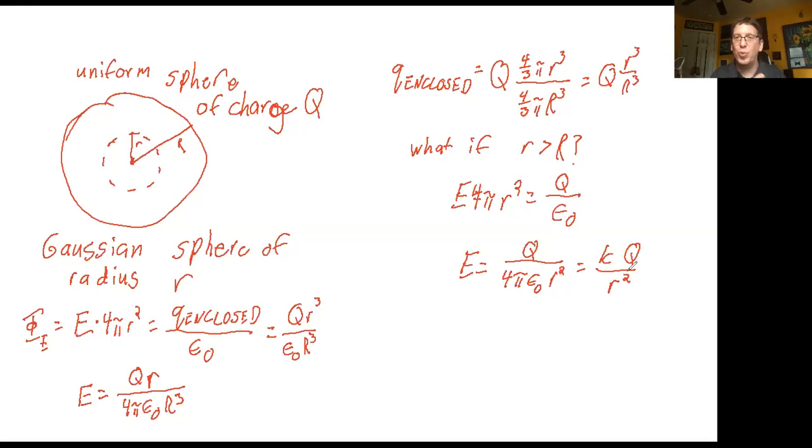Otherwise, you can have the charges distributed any way you want. But if you're evaluating the electric field outside the sphere, or outside where the charges are, the electric field would be the same as it would be if all the charge were located at a point at the center. So now we're going to take the analysis a little bit further. We're going to look at a shell of charge.